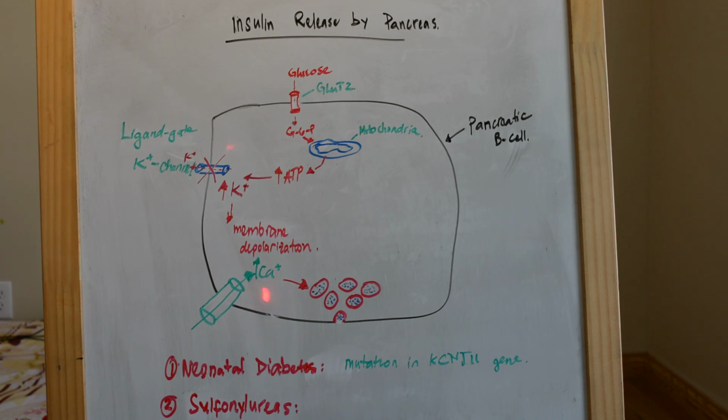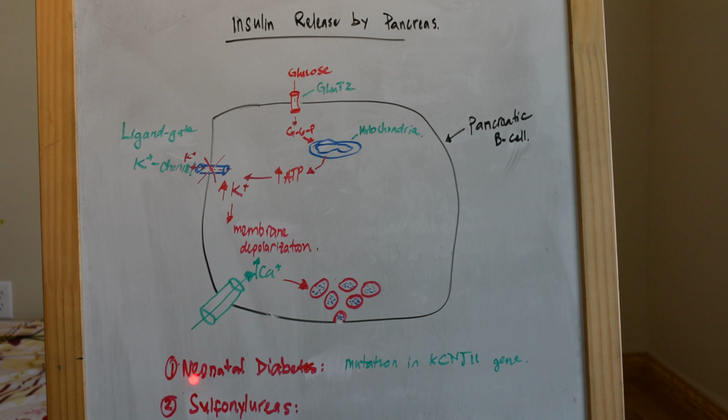That leads to an increase in intracellular calcium, and this calcium inside the cells serves as a second messenger that stimulates the release of insulin, which is within the vesicles right here, from the pancreatic beta cells, and that's how you have an increase in the level of insulin.